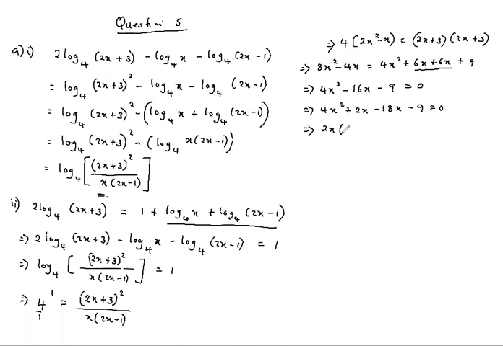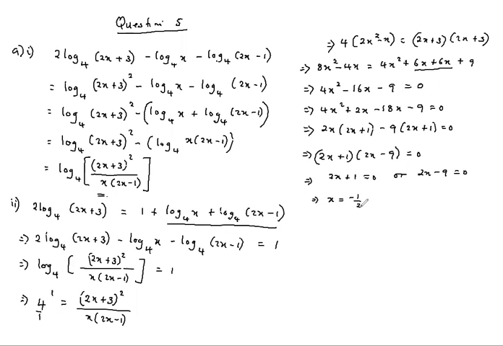So you factor out 2x and remain with 2x plus 1. Factor out negative 9 and remain with 2x plus 1 is 0. And so you have (2x plus 1)(2x minus 9) is 0, implying that 2x plus 1 is 0, or 2x minus 9 is 0. So x is negative half, or x is 9 over 2.